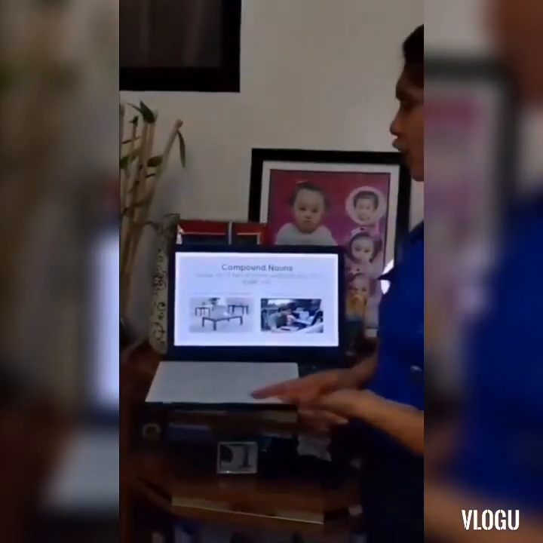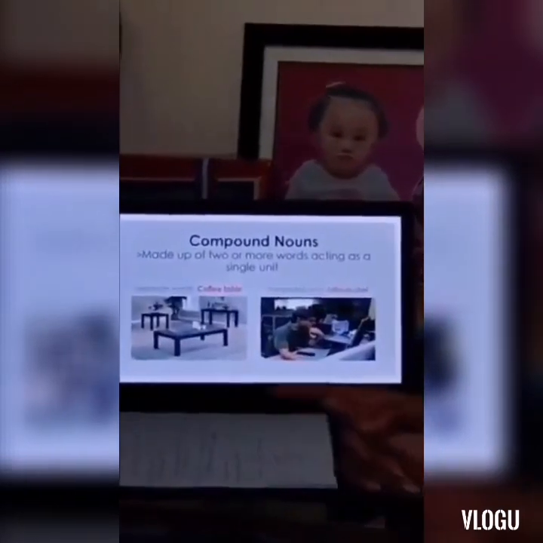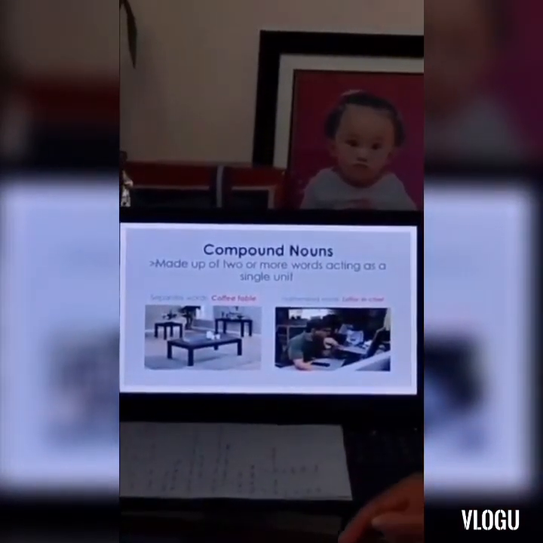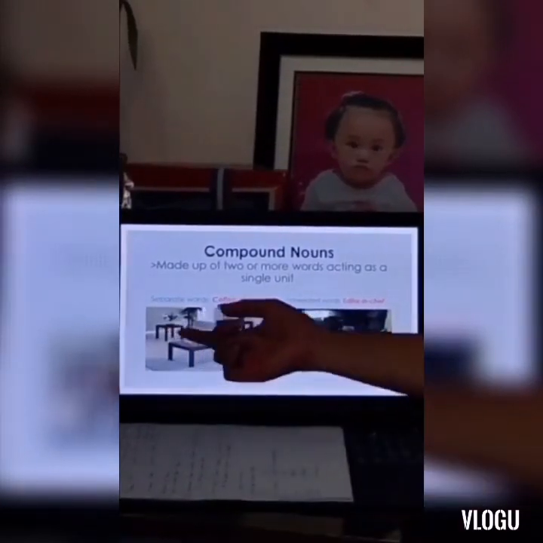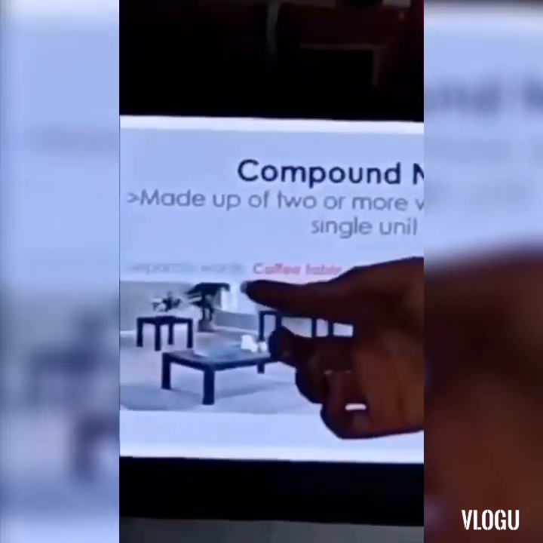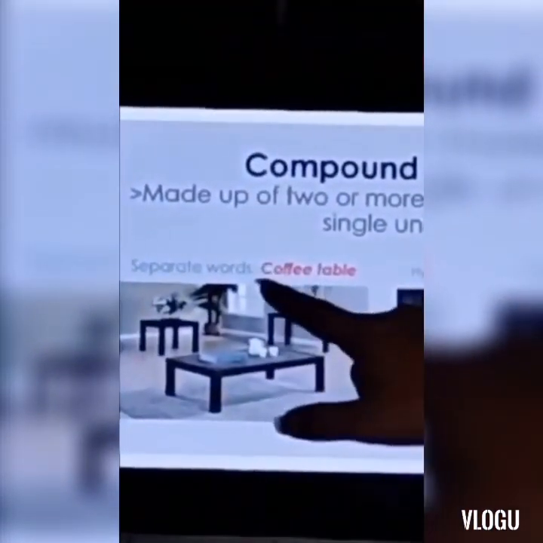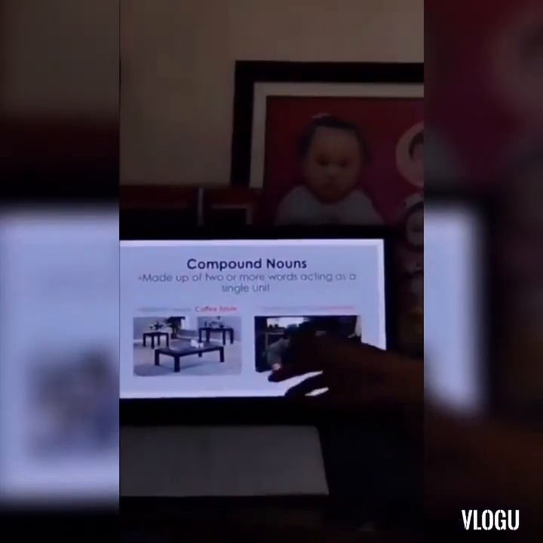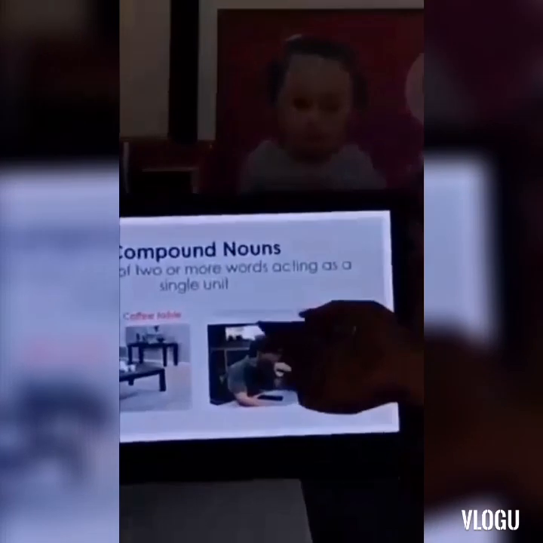Next, the compound nouns are made of 2 or more words acting as a single unit. Example, separate words. What are separate words? This is the coffee table. There are 2 words, called separate words. Next, the hyphenated words.